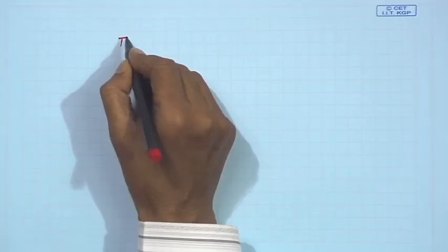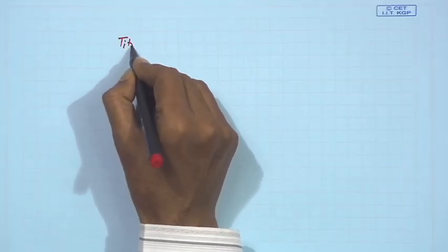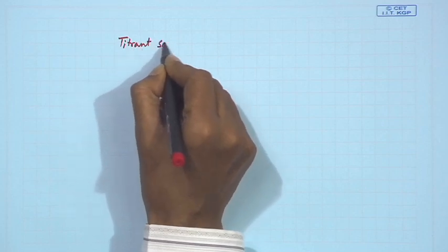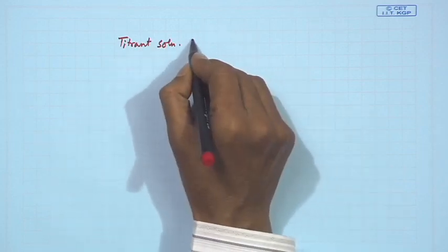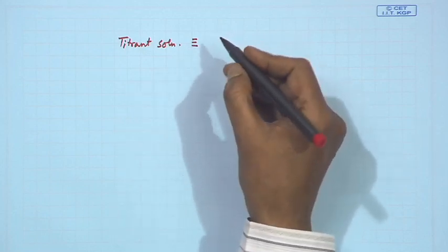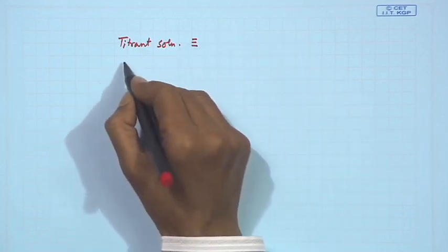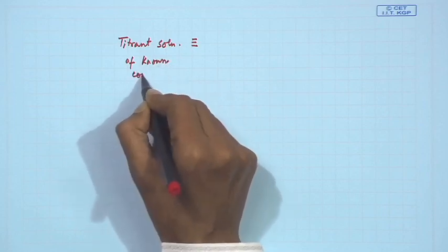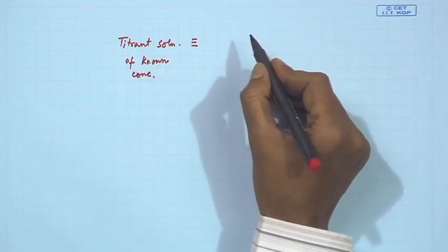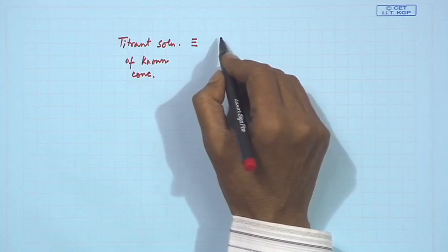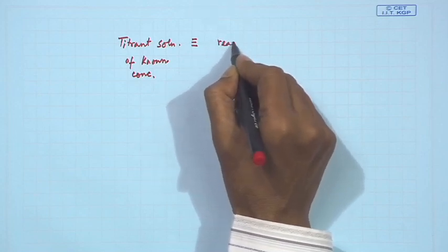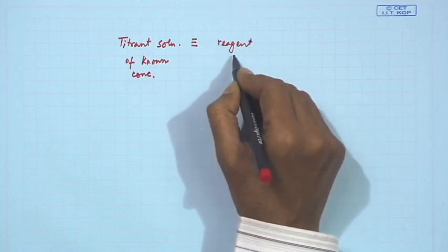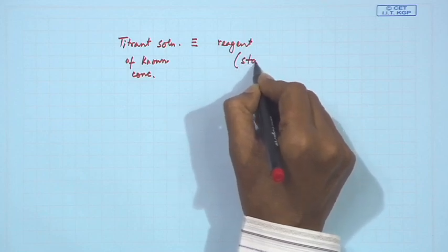So, what we find is that you have a titrant solution and that titrant solution will be utilized. Then the titrant solution of known concentration will be utilized with our reagent, which can be standardized.